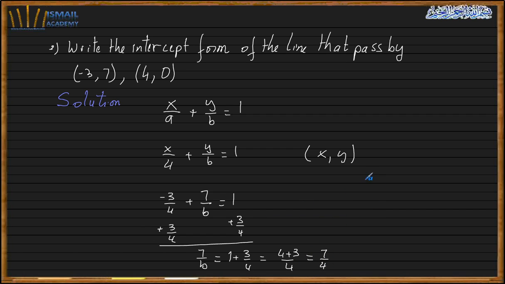Now I have 7 over b equals 7/4. This is a proportion, so I cross multiply. I got 28 equals 7b. Divide both sides by 7, and I got b equals 4. Now I have my two values, so my equation will be x over 4 plus y over 4 equals 1.